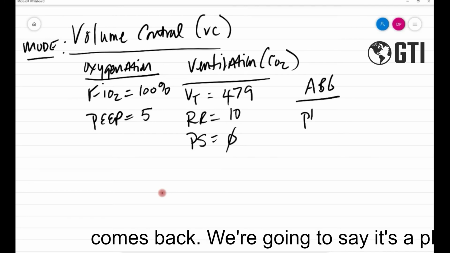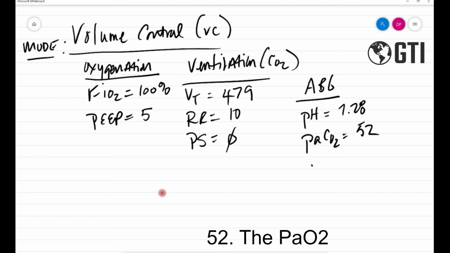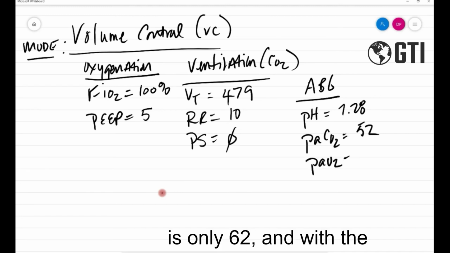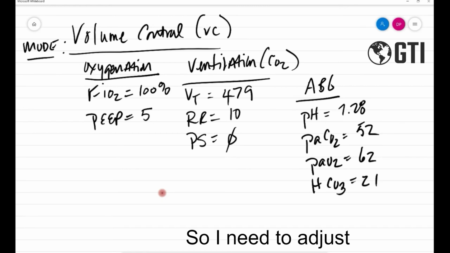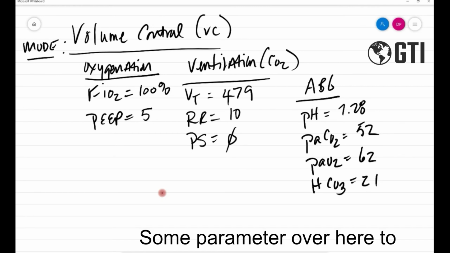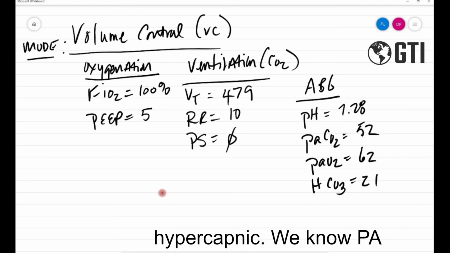The ABG comes back. We're going to say it's a pH of 7.28, a PaCO2 of 52, the PaO2 is only 62, and a bicarb of 21. So I need to adjust some parameter to correct this respiratory acidosis. He's hypercapnic.